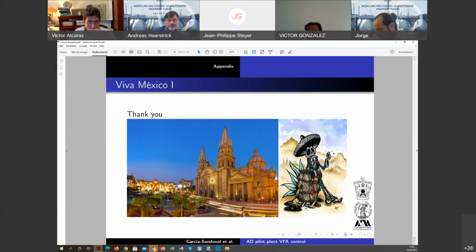We have done a different approach based on the same output controller, and we change it to what we call a cascade control.